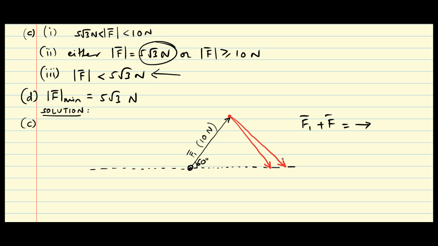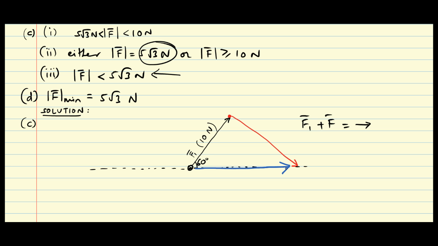So for example, if you decide that you want the magnitude of F bar to be this, let's say, I'll rub out the other forces. You don't want these two. So you've got a force F bar of a certain magnitude, and you do seem to get a rightward resultant force like this.